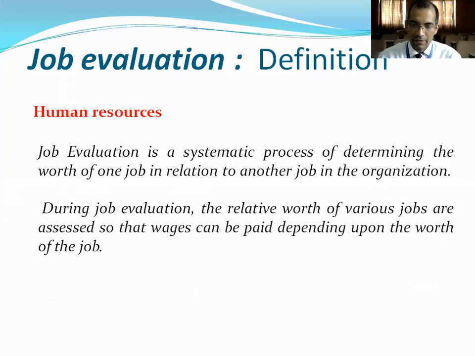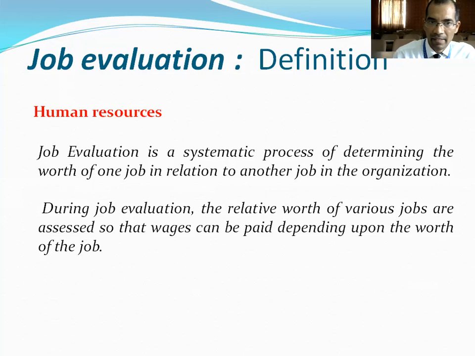So if we compare four categories and decide, okay, 10,000 for the labor, 20,000 for the supervisor, 35,000 for the engineer, and 50,000 for the manager, how can we decide these different categories?